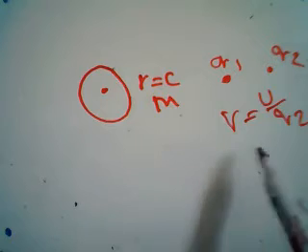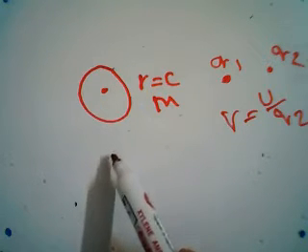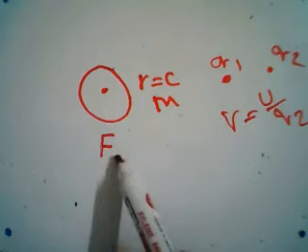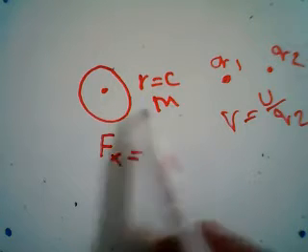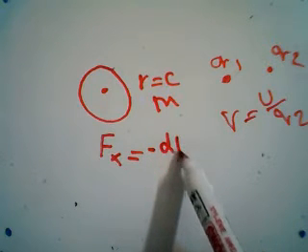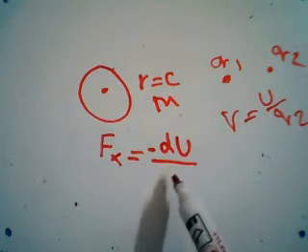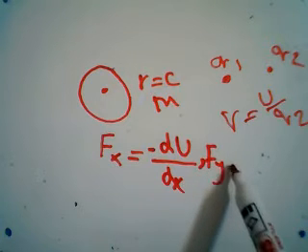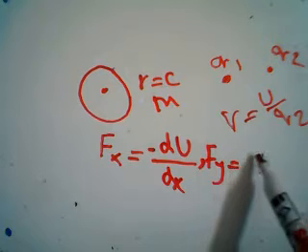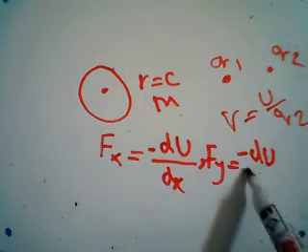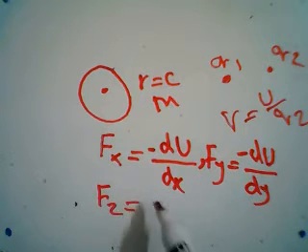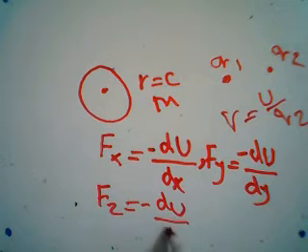We work with potentials because, for instance, in three dimensions, the x component of the gravitational force equals minus the derivative of potential energy with respect to x, and the y component of the force is minus the derivative of the same potential with respect to y, and the z component of force is minus the derivative of potential with respect to z.